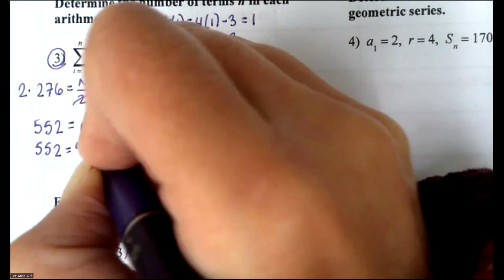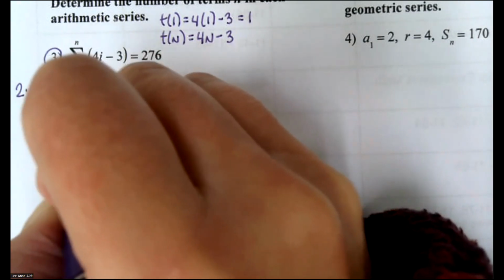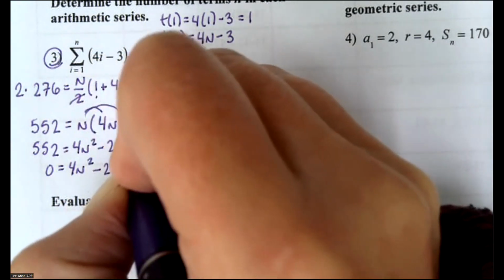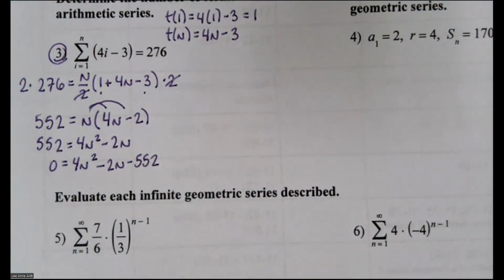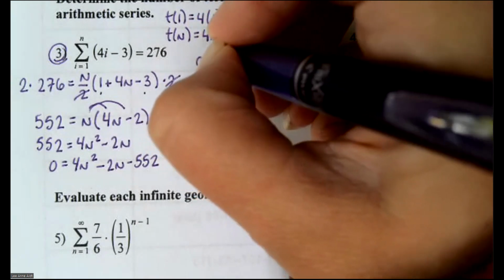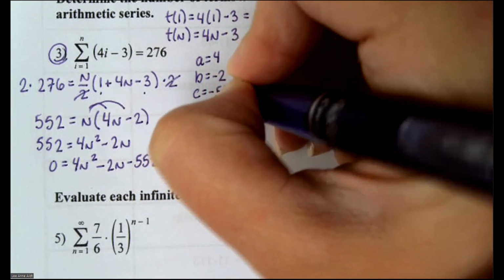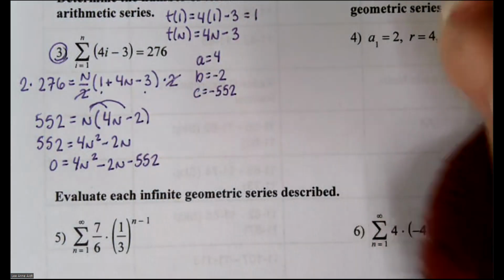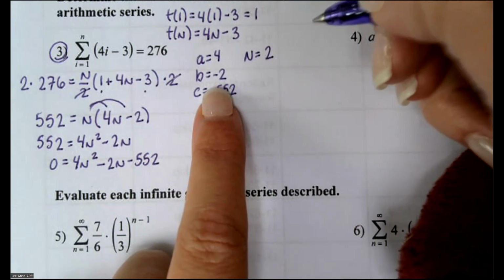Distribute. Now move the 552 over. n equals negative b. b is already negative, so it's going to be positive.